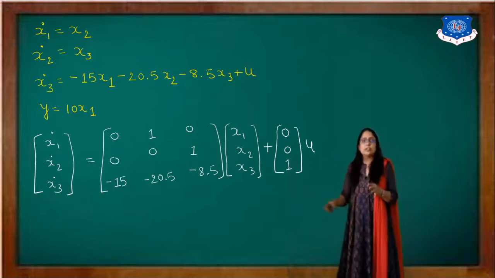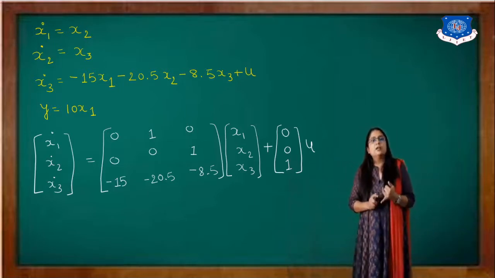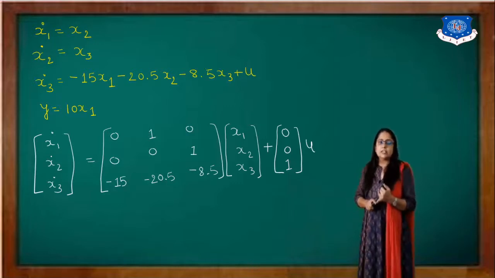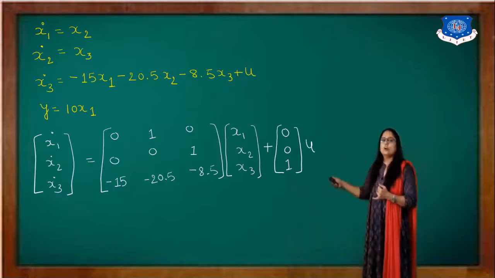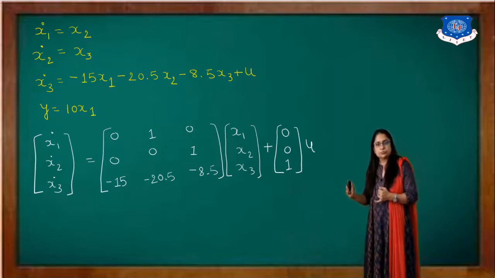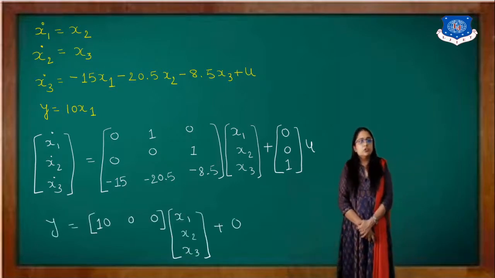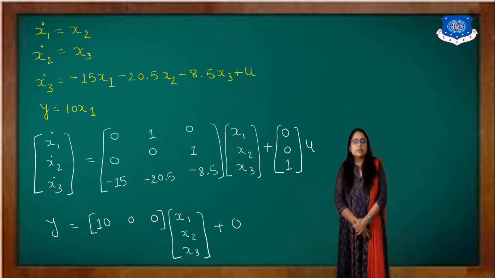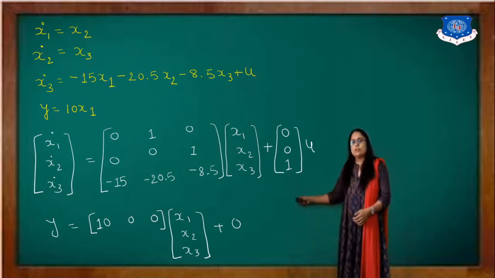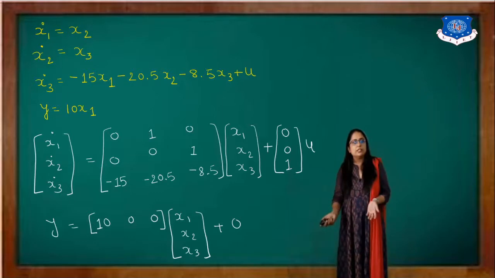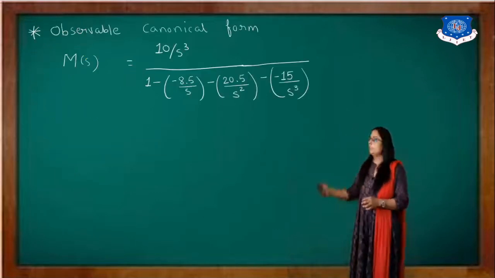Now in the x3 dot equation we have minus 15, minus 20.5, minus 8.5, and then 0, 0, 1 and u. Now y equals tan, 0, 0, because only x1 is there, then x1, x2, x3 and 0. If you are not writing this 0, that is also all right. So this is only one canonical form.